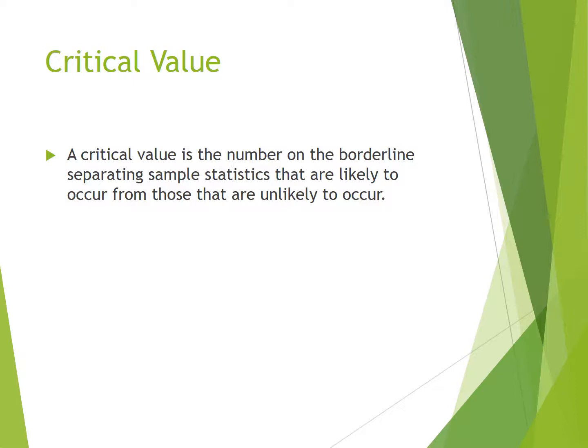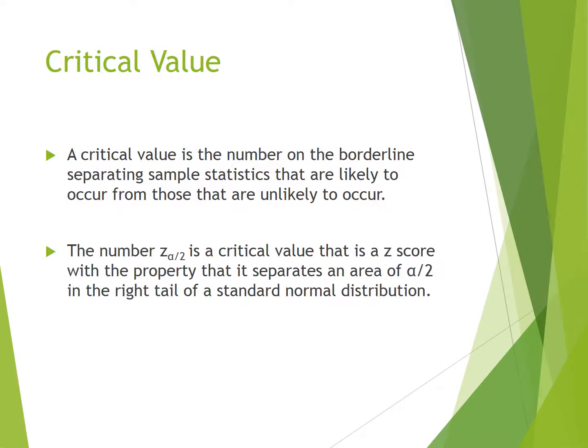So values on that borderline or further down the tails are unlikely to occur. I'm going to show you how to do this with Minitab in just a minute. Okay, so the z of alpha over 2 is a critical value that is a z-score with the property that it separates the area of alpha over 2 in the right tail of a standard normal distribution.